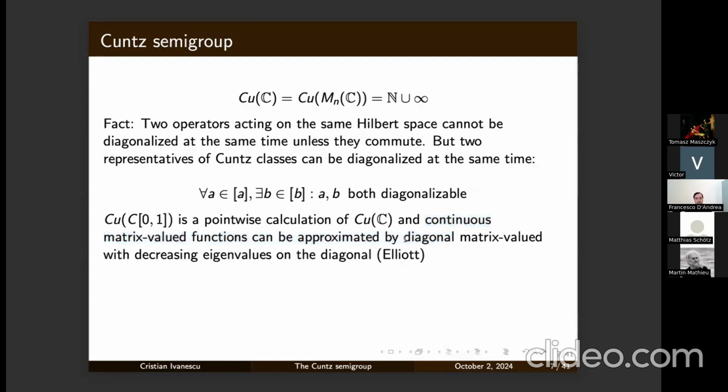Because these are diagonal, you can also ask whether the eigenvalues are in decreasing order. And this is a result due to George Elliott. Very important technical detail. Using this, you can conclude that indeed you can identify this with a lower semicontinuous function. The idea is that a lower semicontinuous function is obtained as an increasing sequence of continuous functions, and those you can manage because you can arrange them to have this diagonal form.